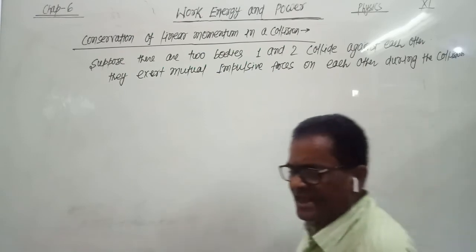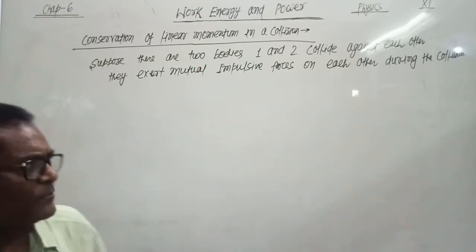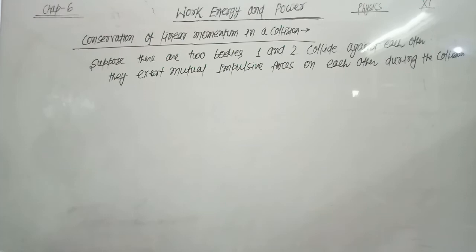So we have supposed that there are two bodies, body 1 and body 2, and they collide against each other, and during the collision they exert mutual impulsive forces on each other.